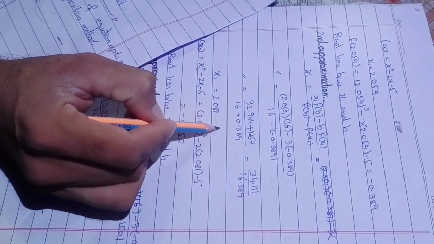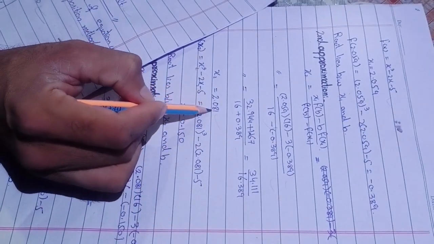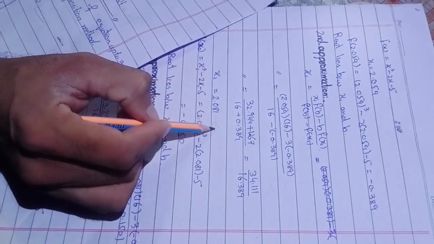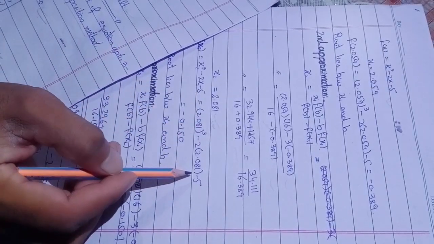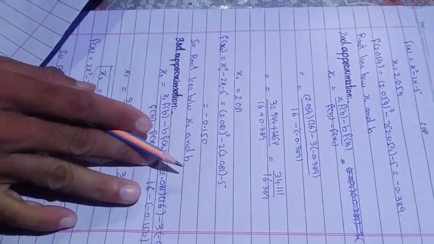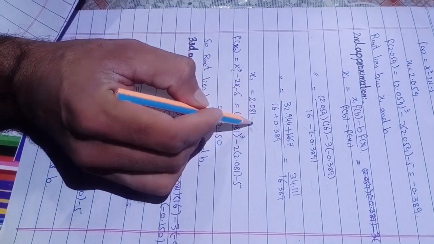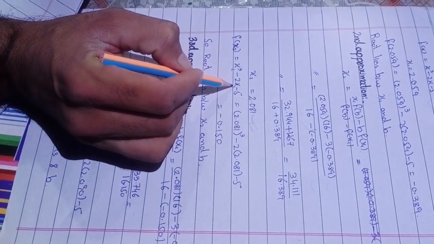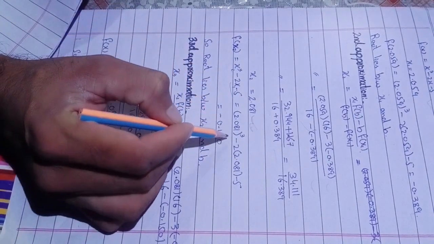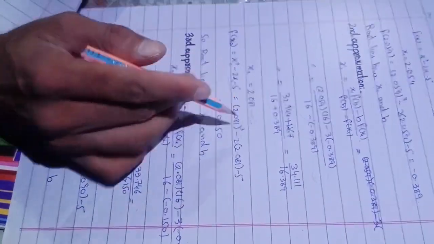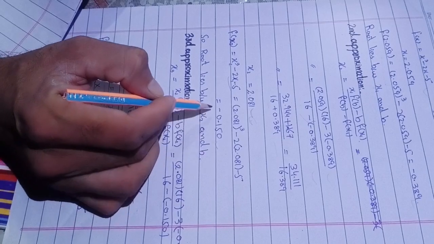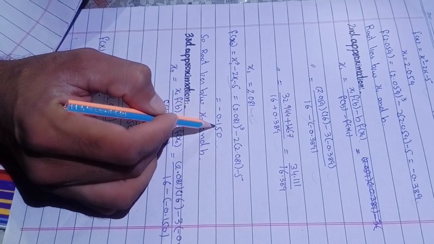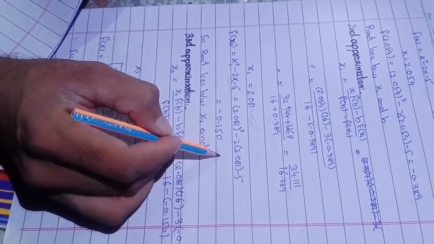Its answer is 2.081, the second approximation, and we will check its root, positive or negative. These values are put into f of x = x cube minus 2x minus 5 again. Putting in the value of x2 and solving, it is minus 0.150. Again it's negative.